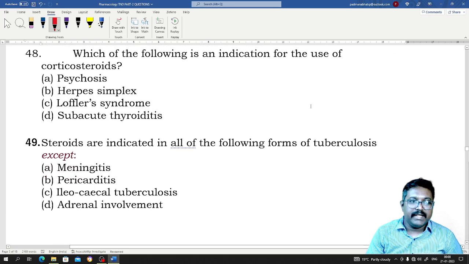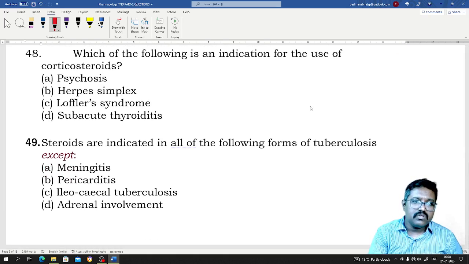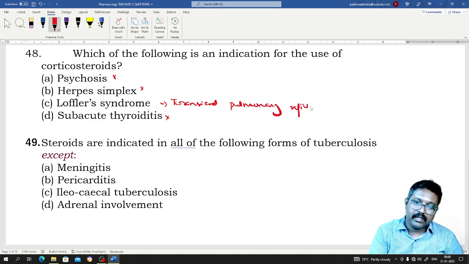So coming to the 48th MCQ, which of the following is an indication for the use of corticosteroids? So this is not the indication. Psychosis, herpes reflex is also not. Subacute thyroiditis, non-steroidal anti-inflammatory drugs are used. Whereas Loeffler syndrome, which is a transient pulmonary infiltrates with eosinophilia.